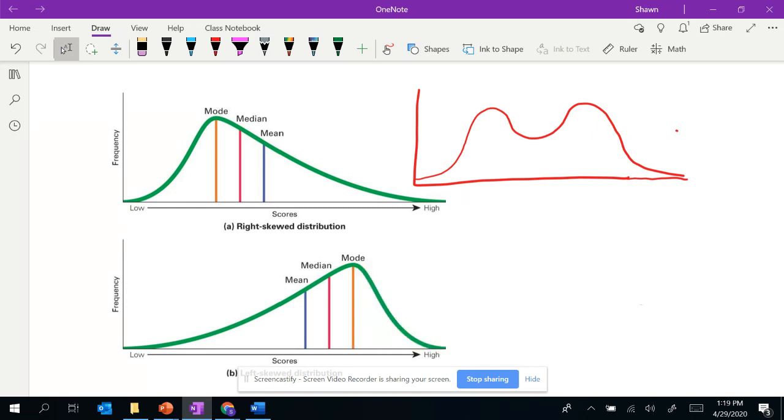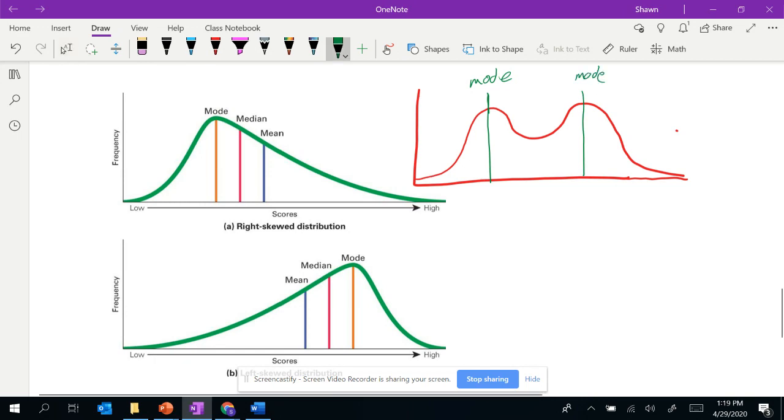Let's do the easy part first: what are the modes? Right here, this is a mode. And since it's bimodal, we have two modes. Here's the other mode.